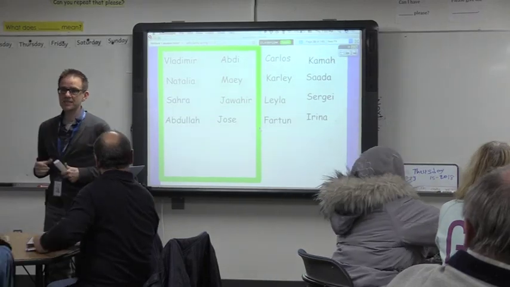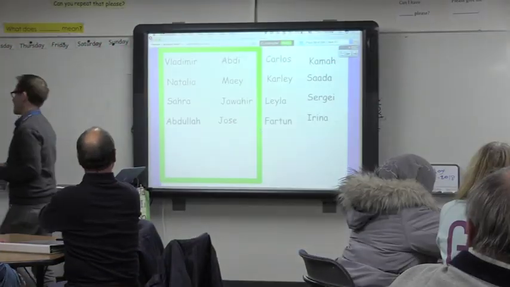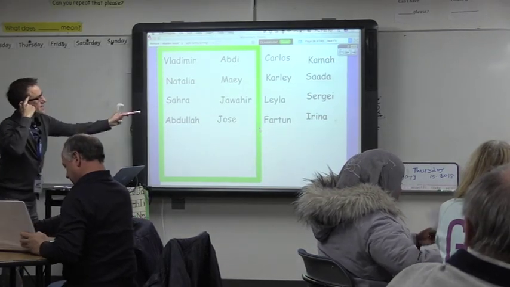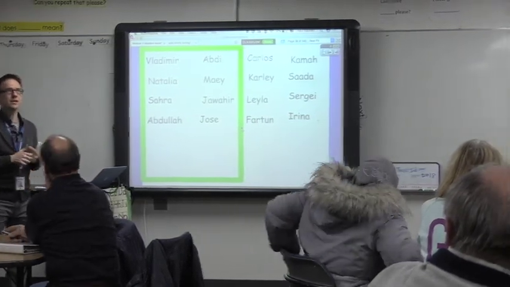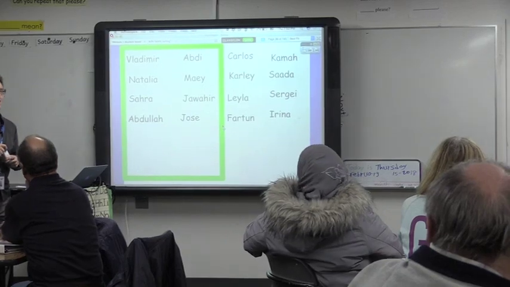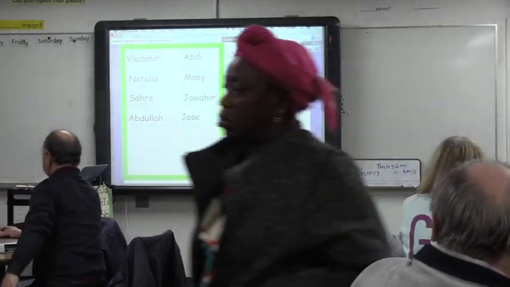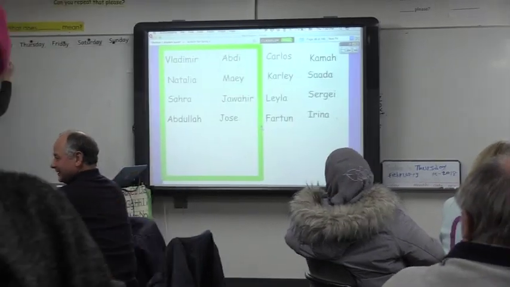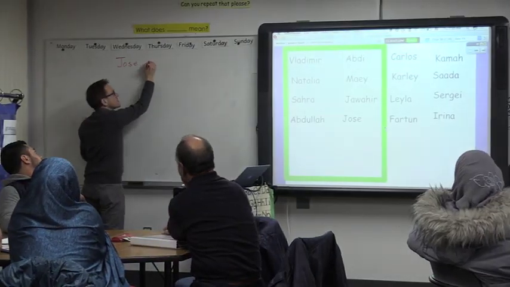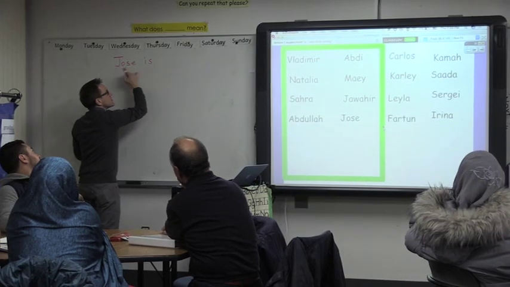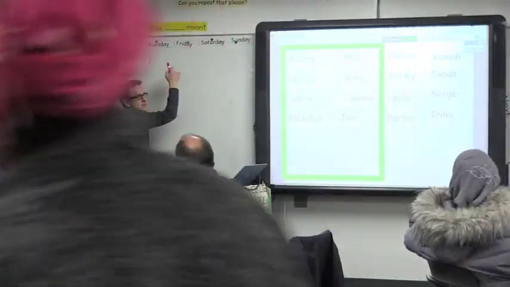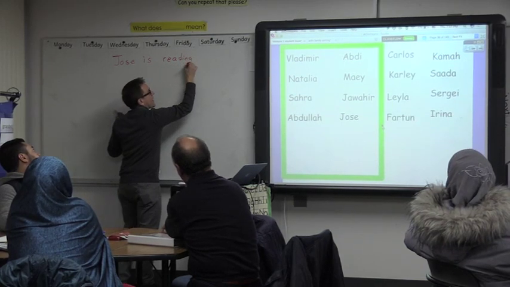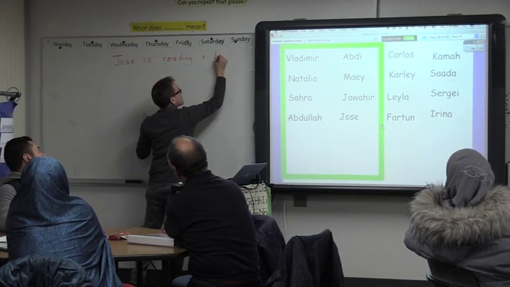So, for example, let's say I'm going to remember, what did Jose do? What is Jose doing? Okay, so I'm going to write a sentence here that says, Jose is reading a book. A book.